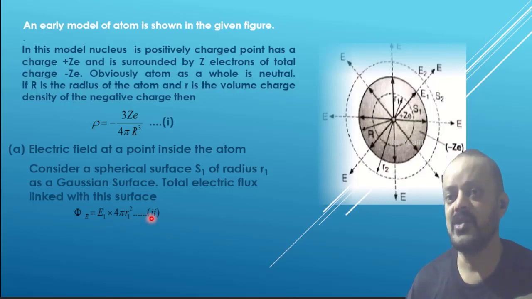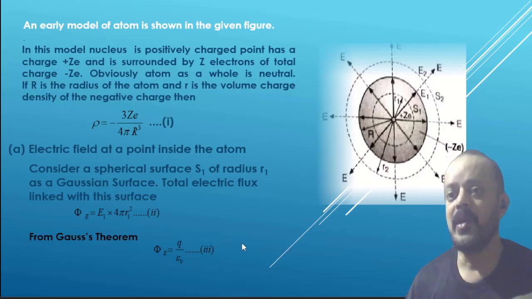Let this be equation 2. Now in the next step, we will use the Gauss theorem. From the Gauss theorem, total electric flux phi E is equal to Q divided by epsilon naught. Let this be equation 3.